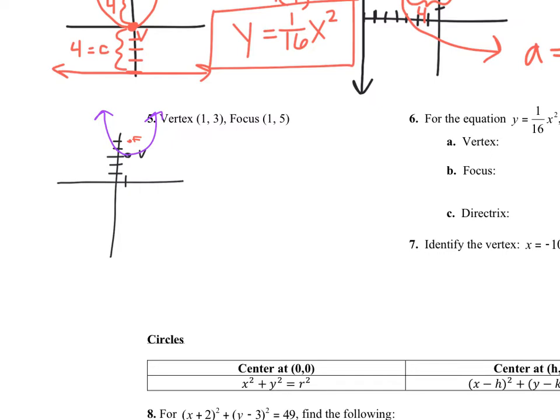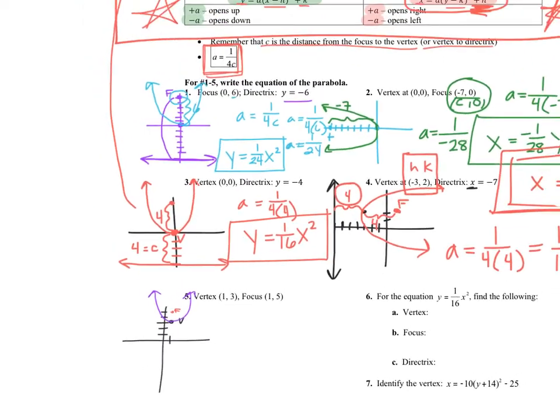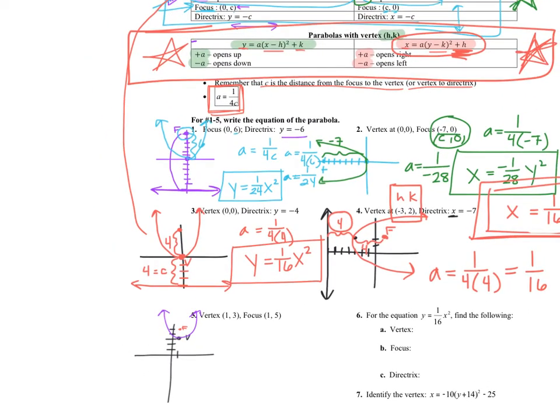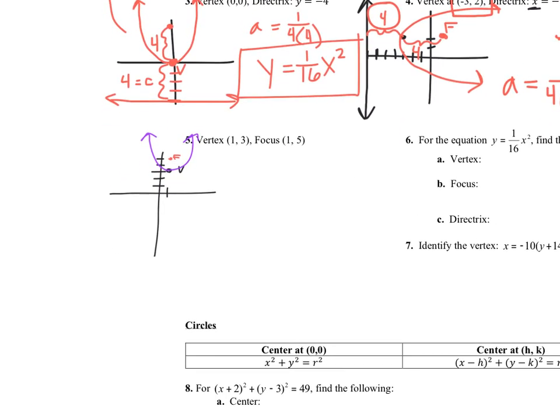I think I drew that in the wrong spot. So what we're going to do here is figure out which equation we're going to use first of all. So this is opening up. So if you come back up here, we're using this one, right? That's when it opens up. Our a is going to be positive since we're opening up. So you can, if you want, call this h and k and set it up first in that formula.